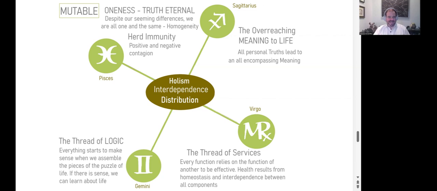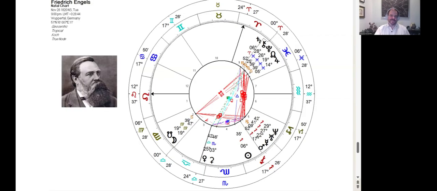Now, classic mutable people. I took the example of Engels and Karl Marx. Look at this mutable chart. These are the architects of Marxism, communism, and the philosophy that resources, you see how his fixed houses, succeedent houses, are in mutable sign.